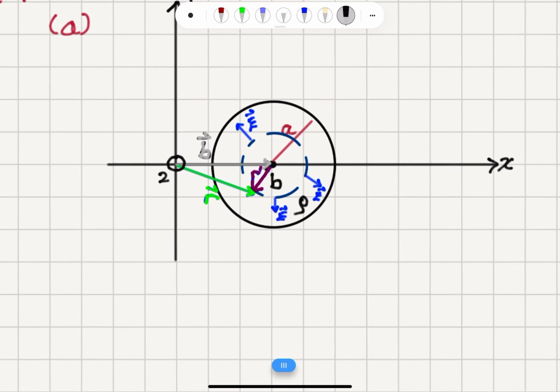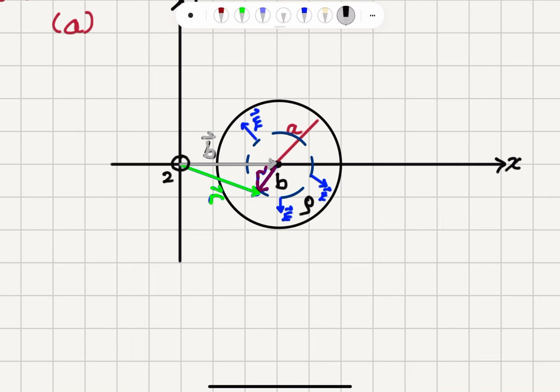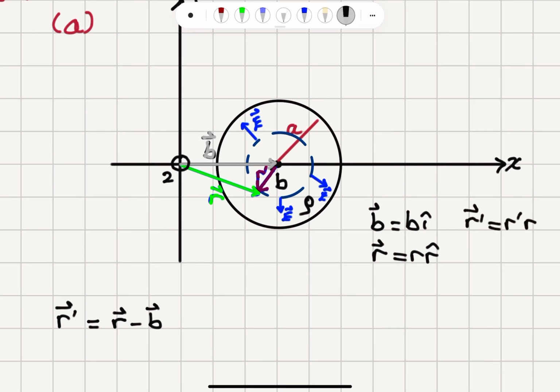The relationship is r prime vector equals r vector minus b vector. Note that b vector is b in the i hat direction, r vector is r in the r hat direction, and r prime vector is r prime in the r prime hat direction.